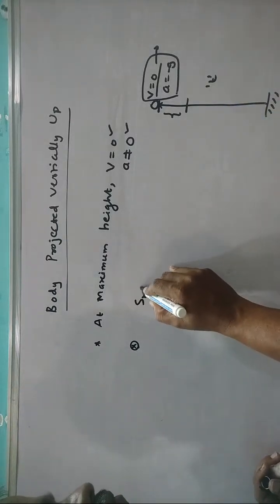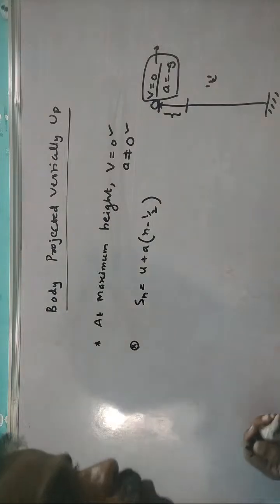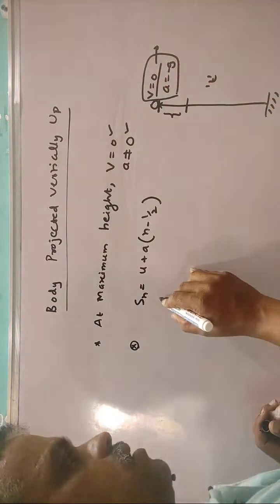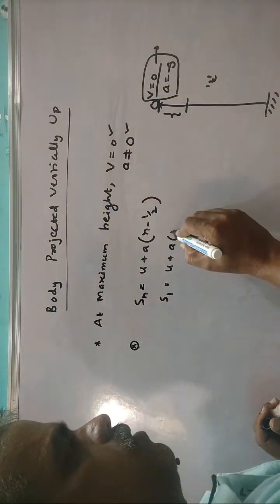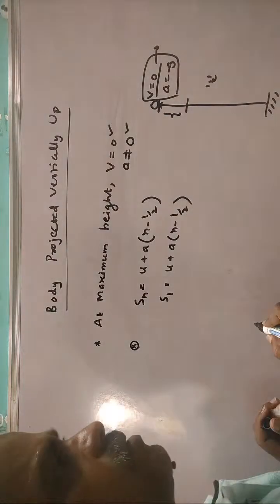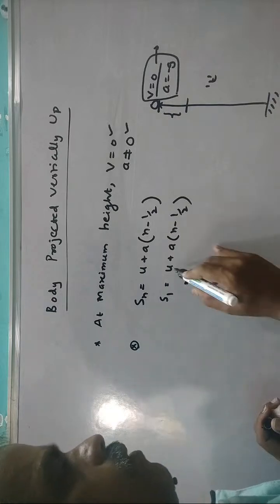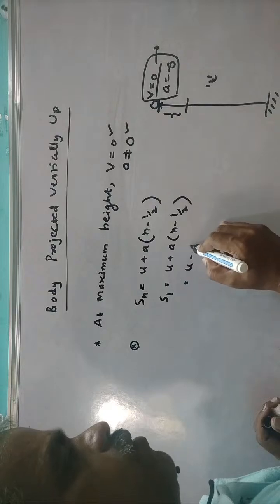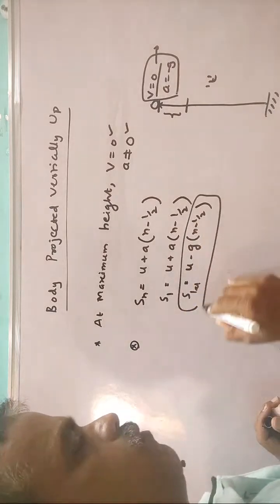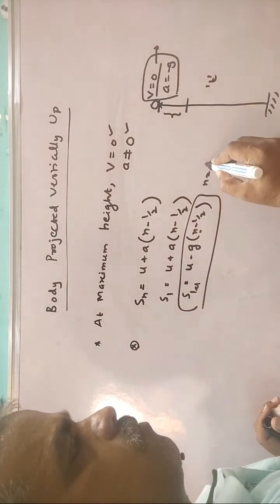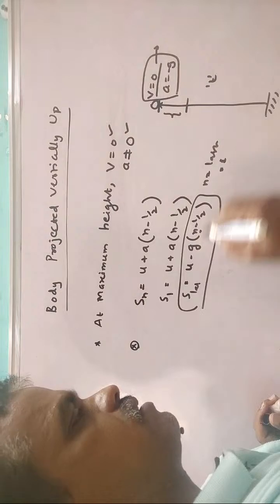So for the nth second, displacement is u plus a of n minus half. It is in the last second, so just substitute the particular second: u equal to minus g of n minus half. For example, take n equal to the last second, that means take 1, or if the total journey is 5 seconds, take 5.